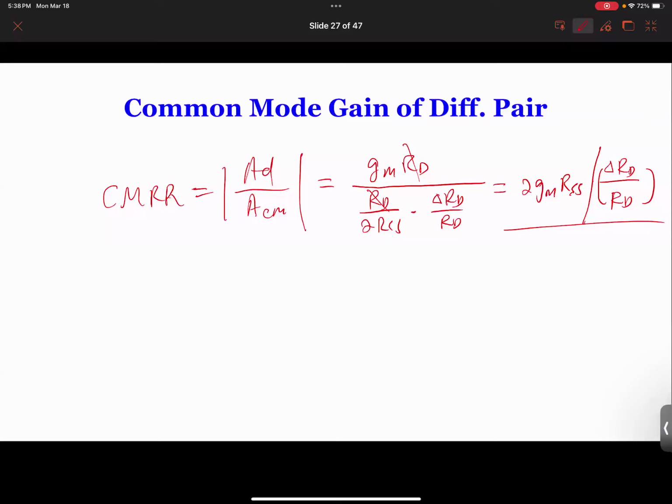Therefore, to increase CMRR, we can increase R_SS, we can increase g_m, and we can decrease this ratio, which indicates the resistor matching. The better the matching, the higher the common mode rejection ratio.